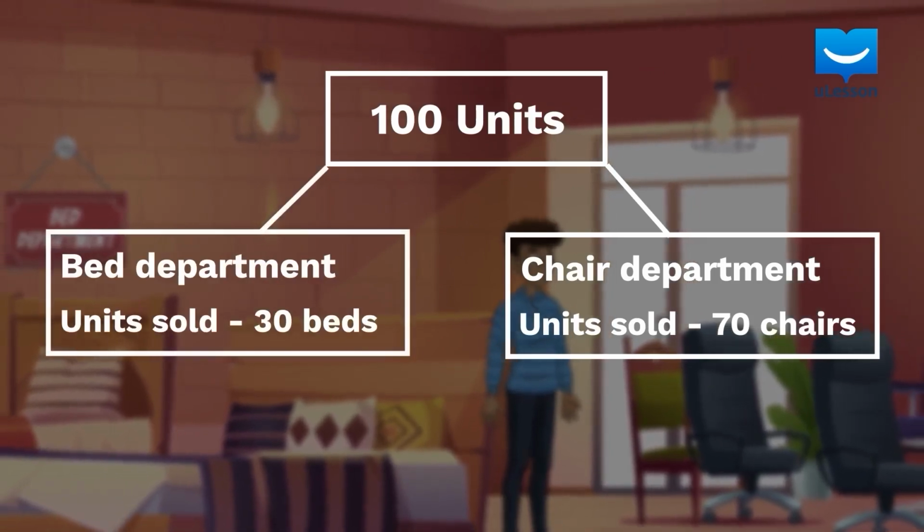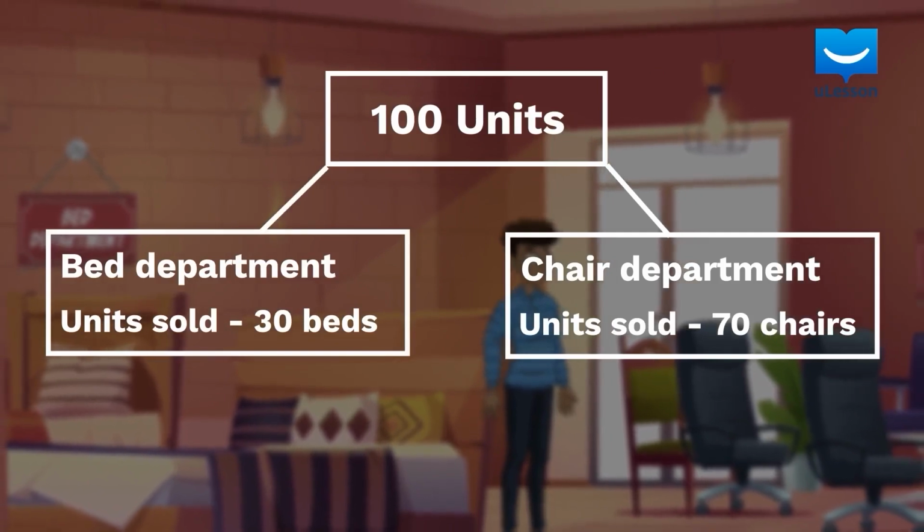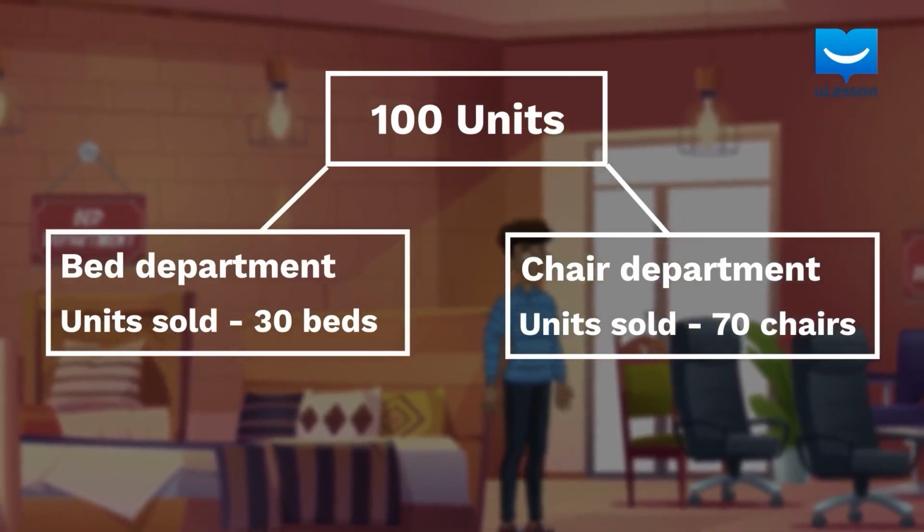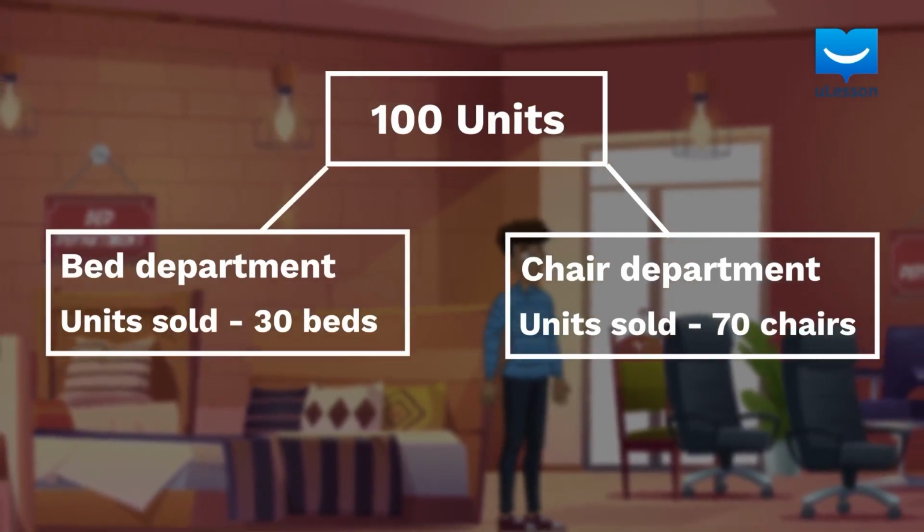This would mean that the expenses apportioned to the chairs department would be higher than that apportioned to the bed department. This method is usually used to apportion expenses relating to sales, such as salesman's salary, advertising, marketing, and promotion.